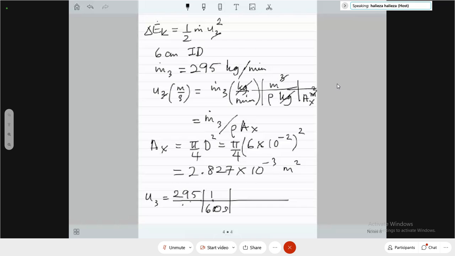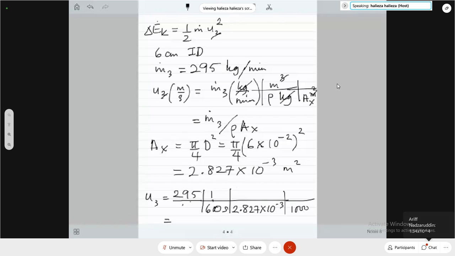Okay, I have the diameter and the cross-sectional area. The density, sorry, I need to get the density. That is meter cubic. That's the cross-sectional area. So what's the answer?